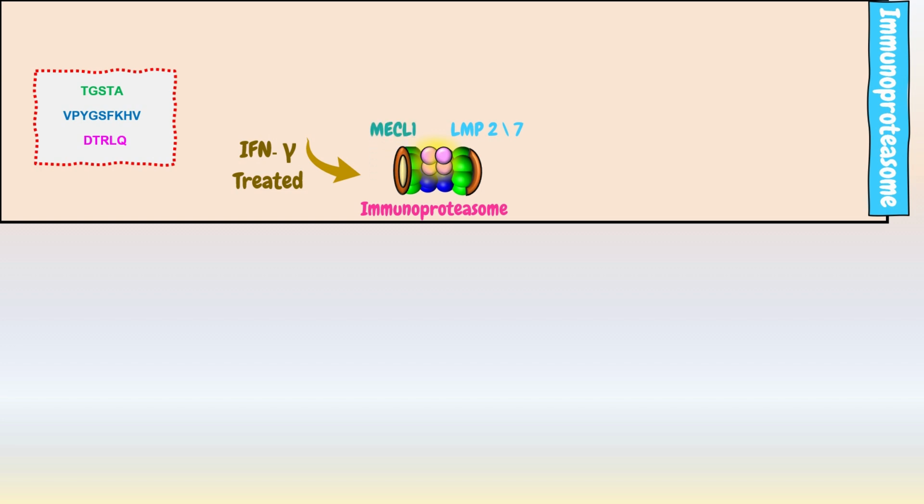The proteolytic activity of the immunoproteasome appears to be enhanced compared with the constitutive proteasome, which is in accordance with the higher antigen processing requirements of antigen-presenting cells and of virus-infected cells exposed to interferon gamma.